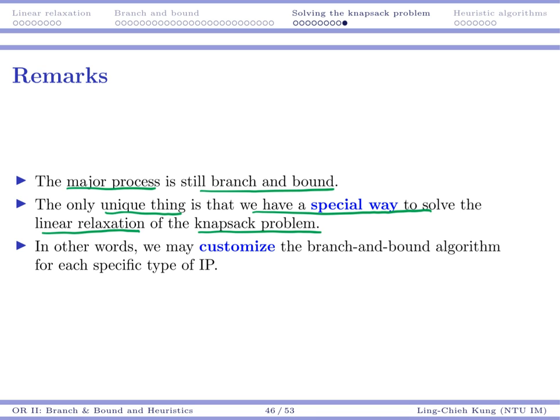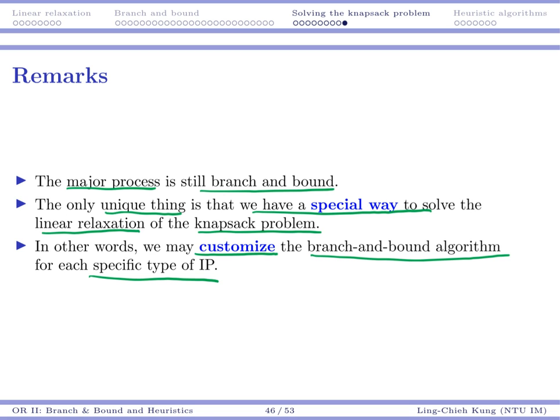If that linear relaxation has some special properties, then we may customize the process for solving each node. Somehow that means we may customize the whole branch and bound algorithm. That's always possible. And that's something that in some sense may be encouraged.